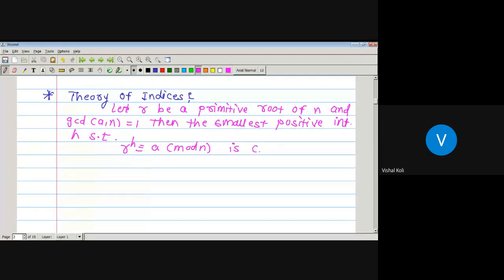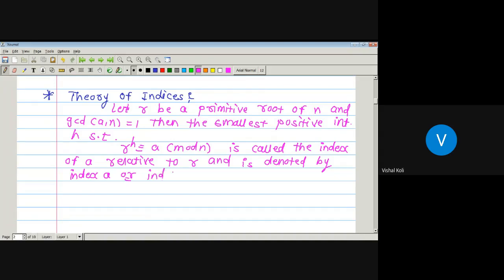is called the index of integer a relative to integer r, and is denoted by index of a, or that is small ind of a relative to r.